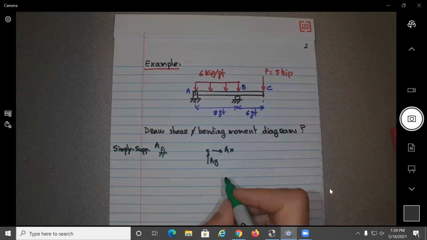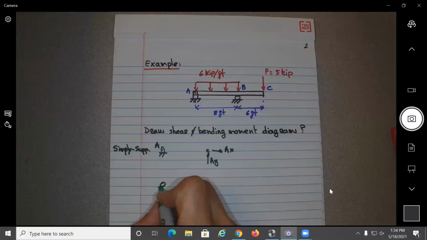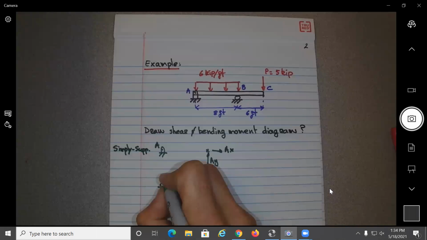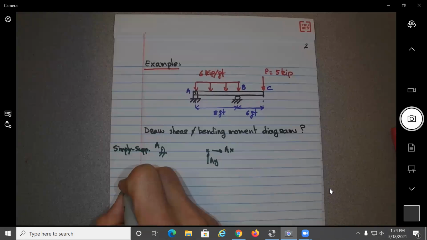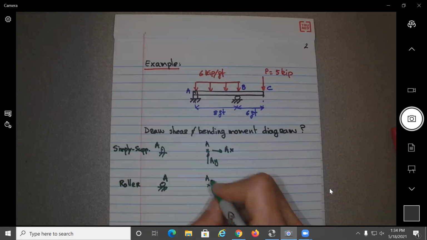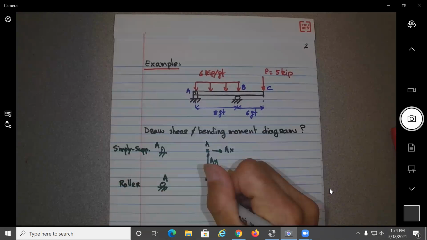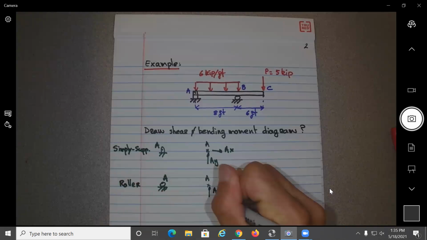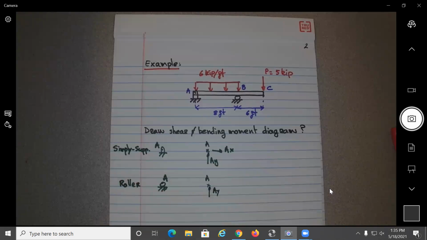Now, if we have this one over here, which is a roller, in this case, how many reactions are you gonna have? You're only gonna have one on the Y, no? Okay.